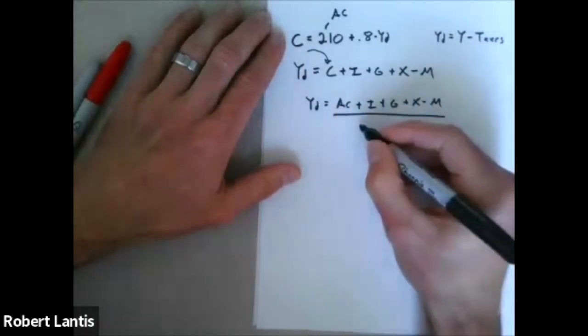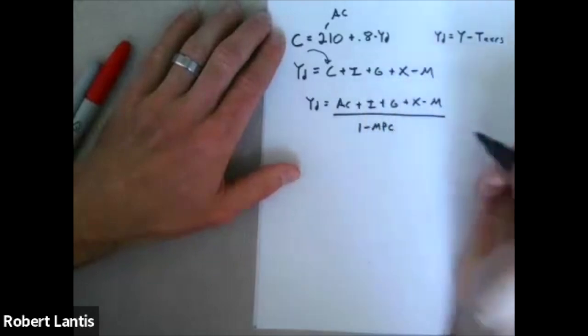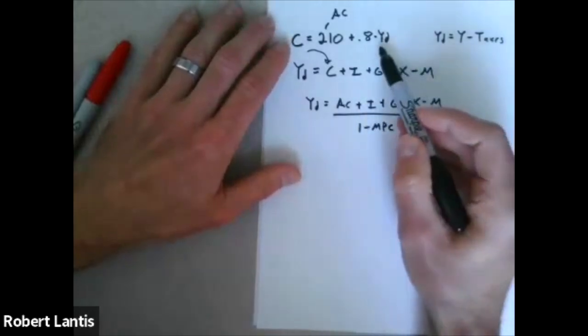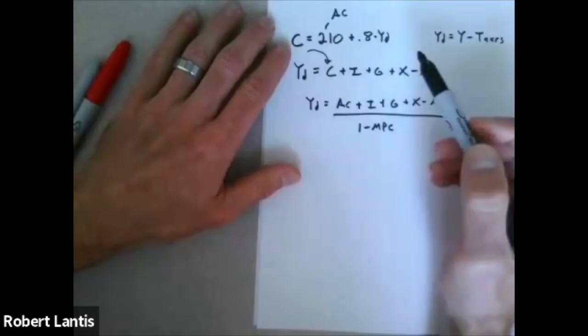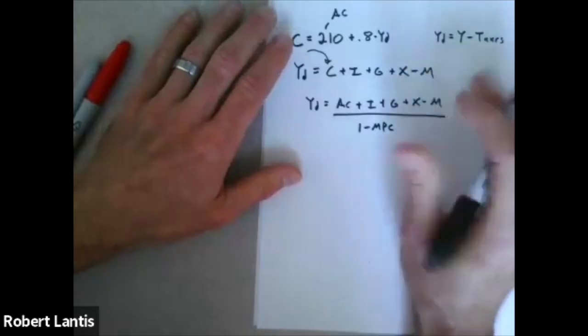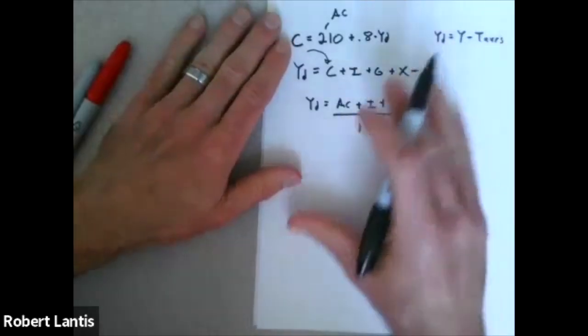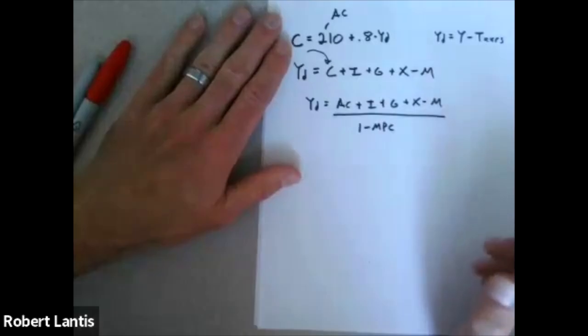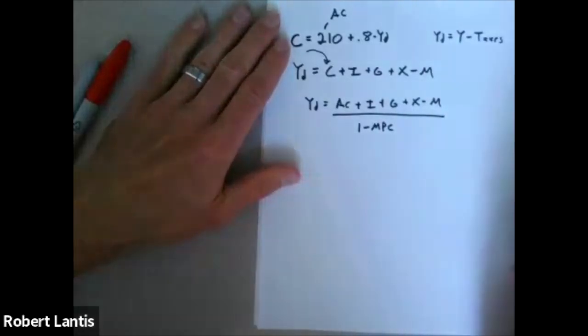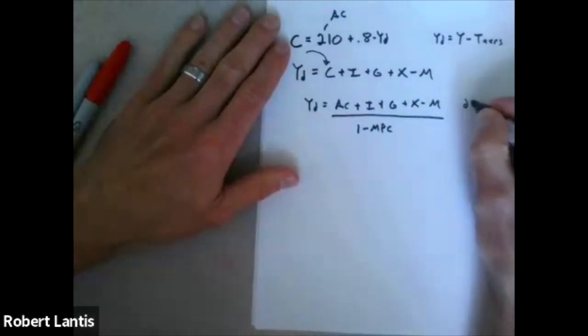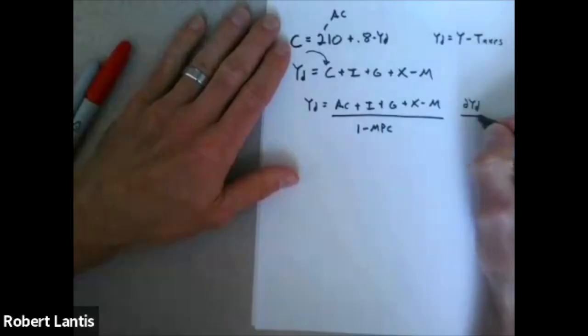And then we divided by 1 minus our marginal propensity to consume. Now here, I didn't plug in taxes. So for right now, I'm just going to think about imports, and then I'll show you what happens if we had taxes. Notice what's our change in this break-even level of disposable income or real GDP when we see a change in imports.